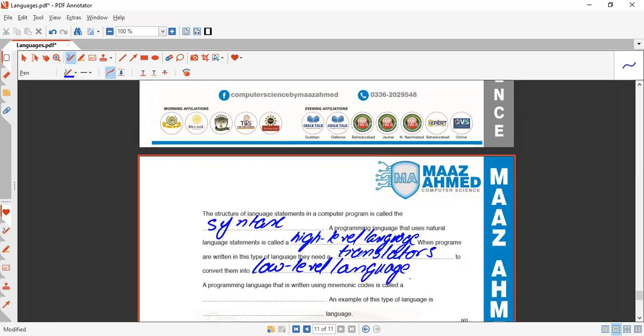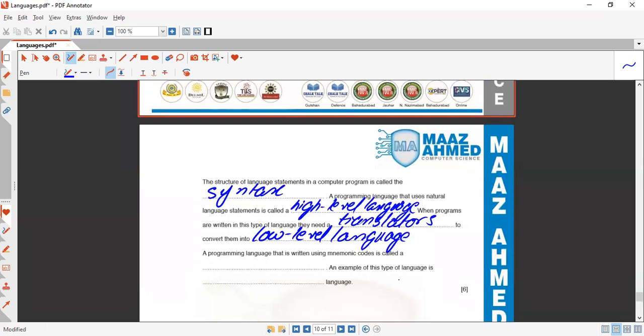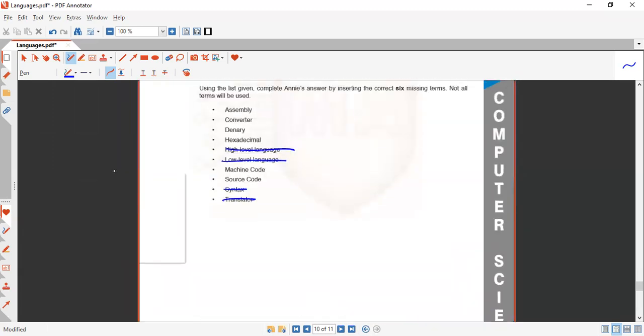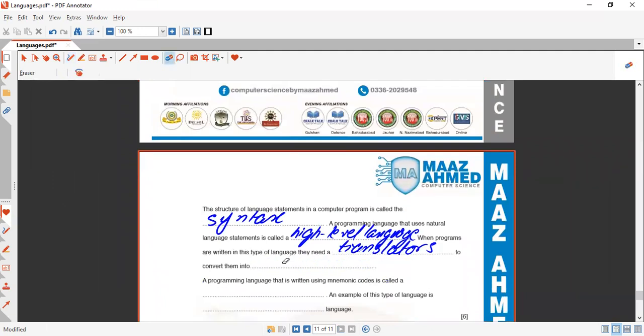A programming language that is written using mnemonic code is called dash. An example of this type of language is dash language. Assembly language. Sorry, we made a mistake over here. Translators to convert them into machine code.